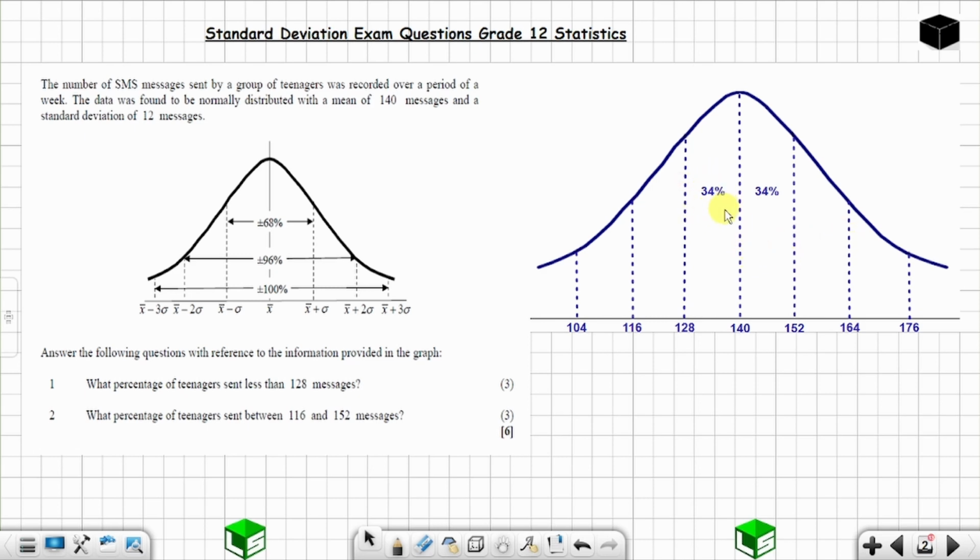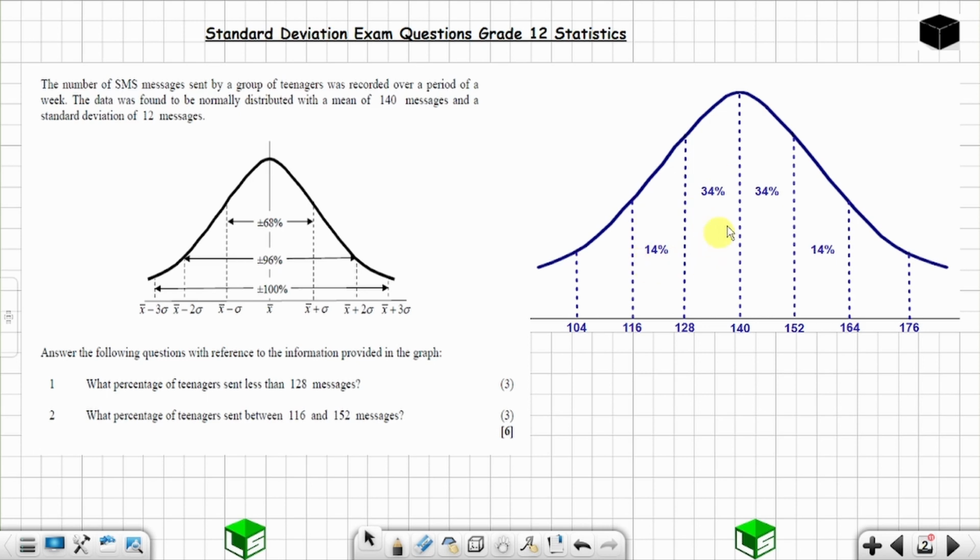So you already have 34, you need 14%. This is 48 for 96. You have 96 in total. Now 100% divided by 2, you are going to have 50% on the left and 50% on the right.